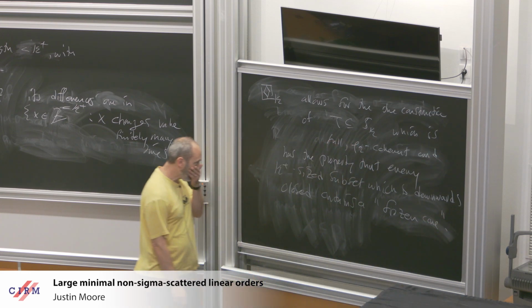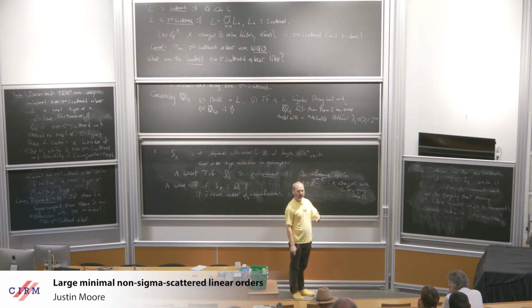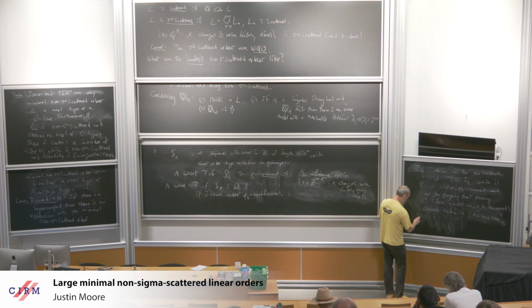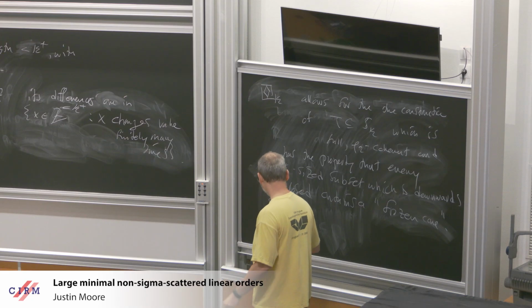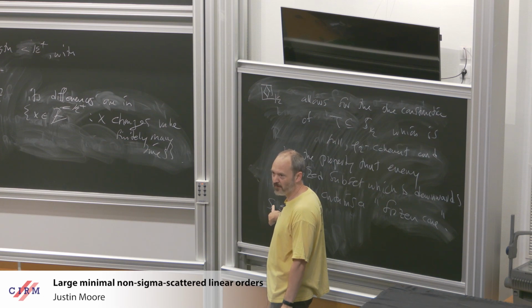A cone is simply the set of all things in the tree which are comparable with some element of the tree. And a frozen cone: we have the tree order, but you can also put on elements of this S kappa an order indexed by n, which is to say that nothing which is in the T part but not the S part has value less than or equal to n.